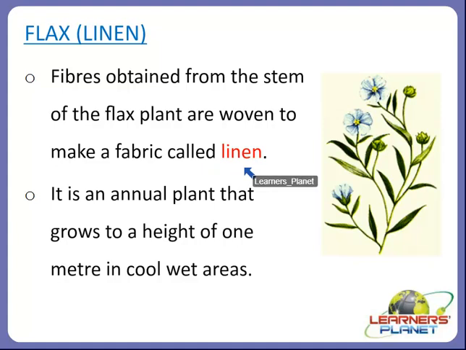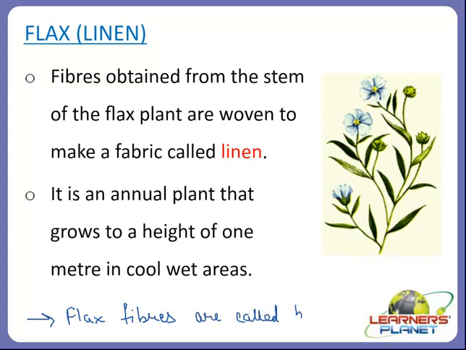Basically, flax is an annual plant which is grown for its fibers, and these fibers are called bast fibers. So remember this new term: flax fibers are also called bast fibers.